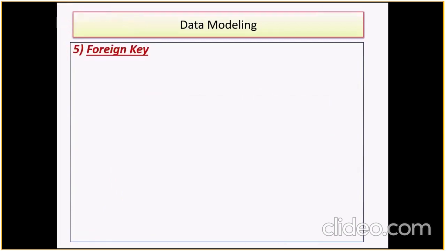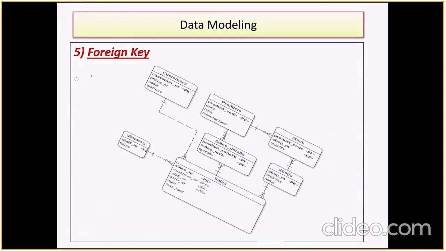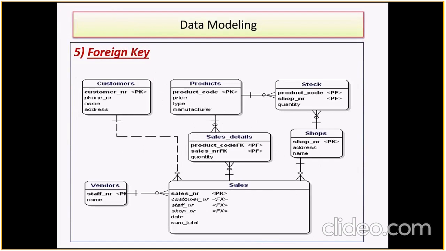Then we have a foreign key. A foreign key is the primary key of a particular table that exists as a foreign key in another table. So here, for the sales table, we have sales number as a primary key, but customer number, staff number, shop number are coming from other tables, and they are primary keys in those tables.